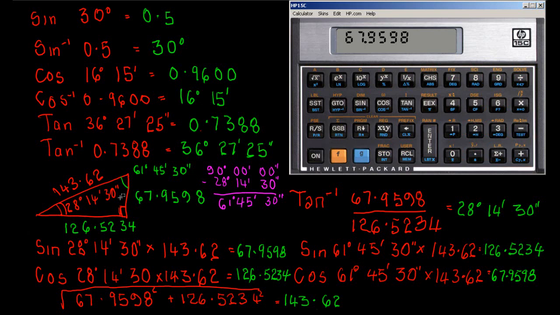Normally we would round that to 2 decimal places, so that would be 67.96. I've left it in 4 decimal places because I want to use it going back the other way, which you'll see a little bit later on.